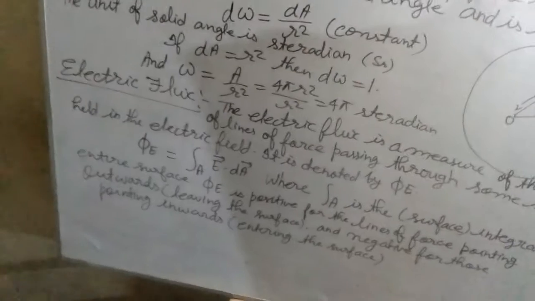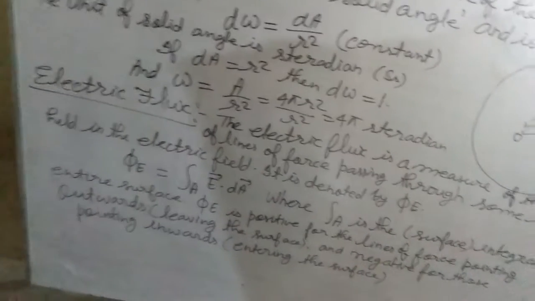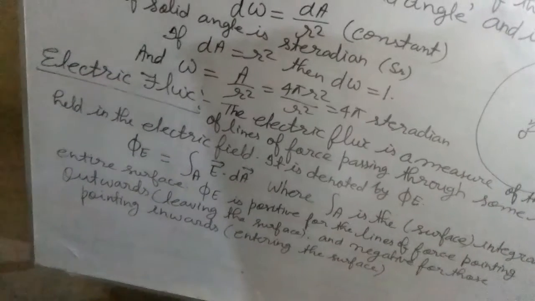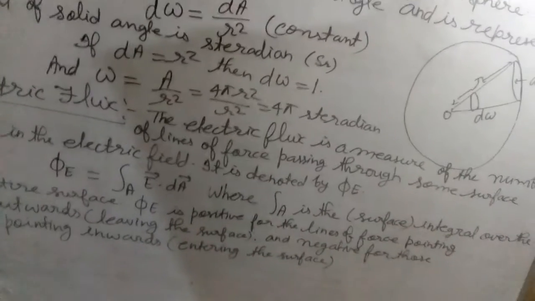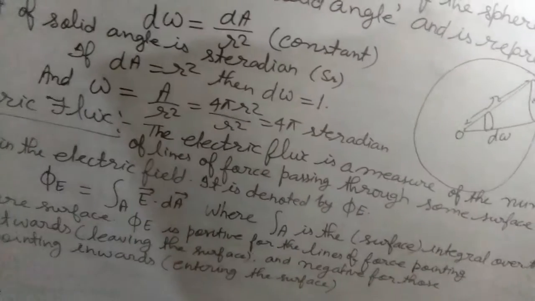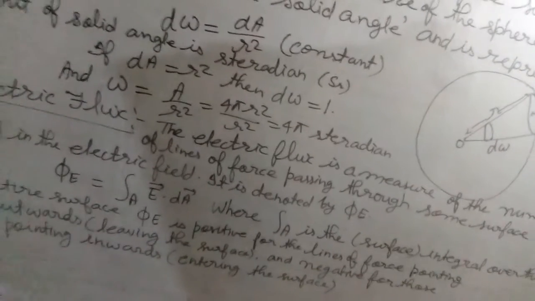And omega equal to A upon R square, means area of the sphere divided by square of the radius.